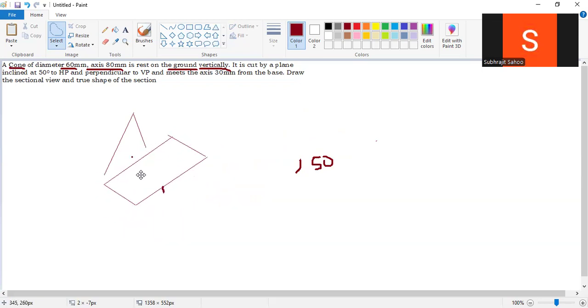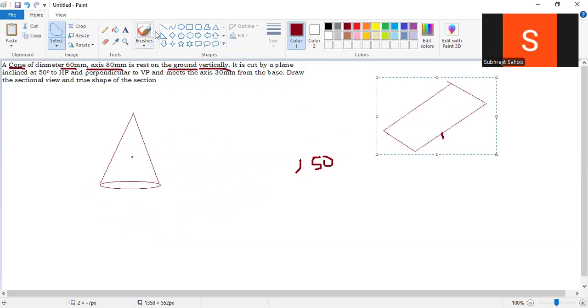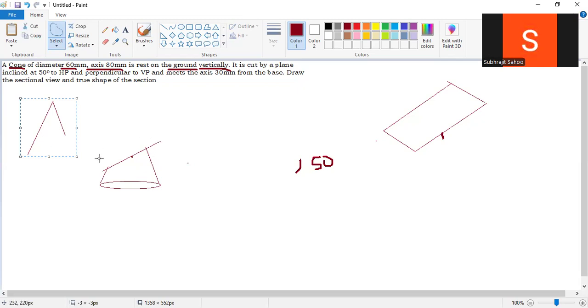After cutting here, what will happen, sir? Here, I'm just explaining. After that, I will draw the diagram, don't worry. This much portion will be removed. After removing this portion, what is the remaining part?